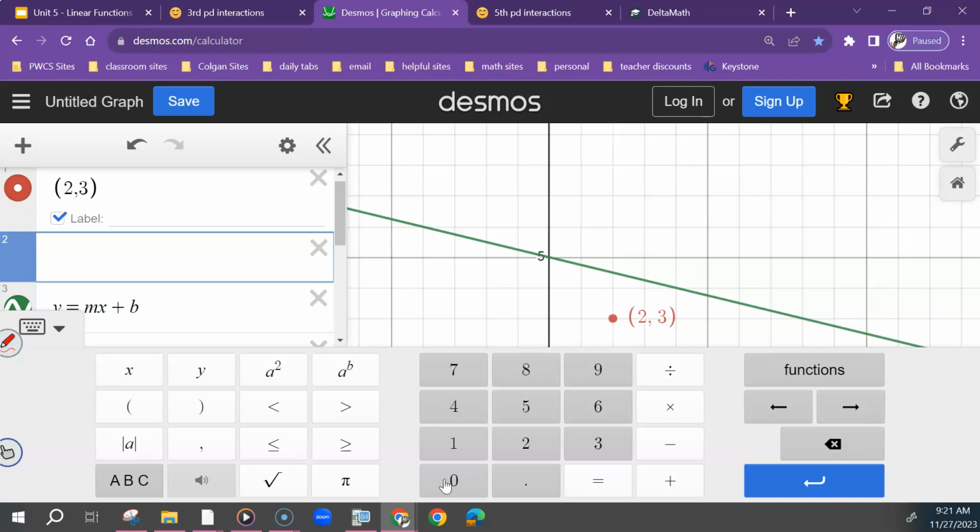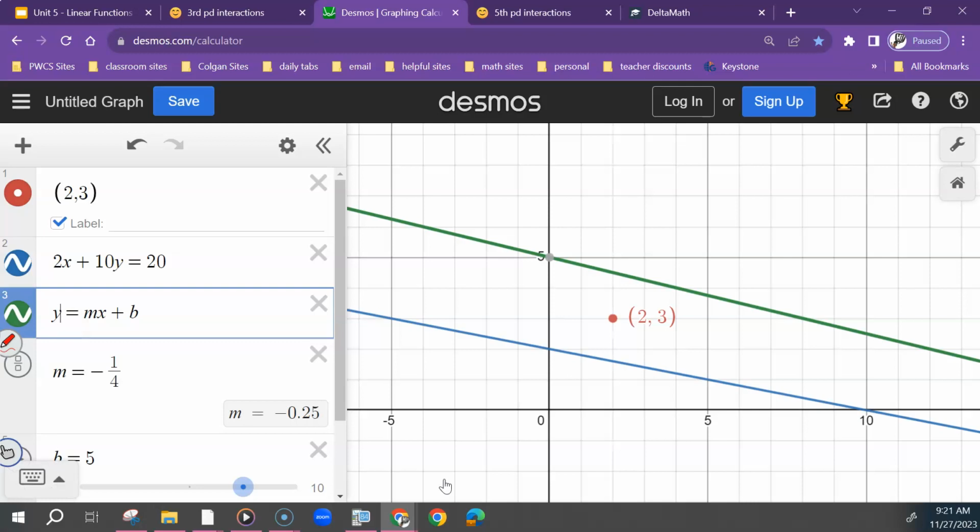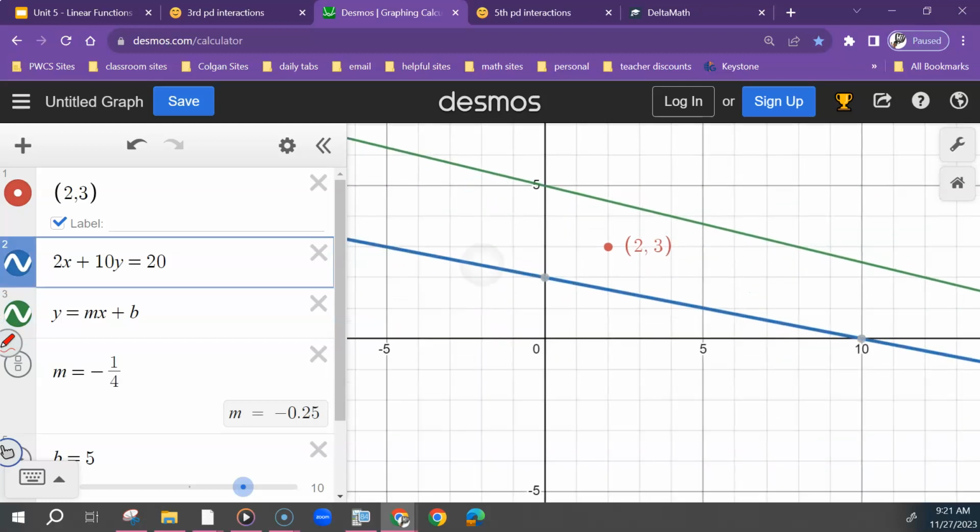So I would write it as 2x plus 10y equals 20. Now when you do this part in Desmos, because you're not given the slope, you have to count what your slope is. So it goes through this y-intercept, and it looks like it goes through this point. You could also count to this point. So I'm going down 1 and to the right 5, so my slope is negative 1/5.